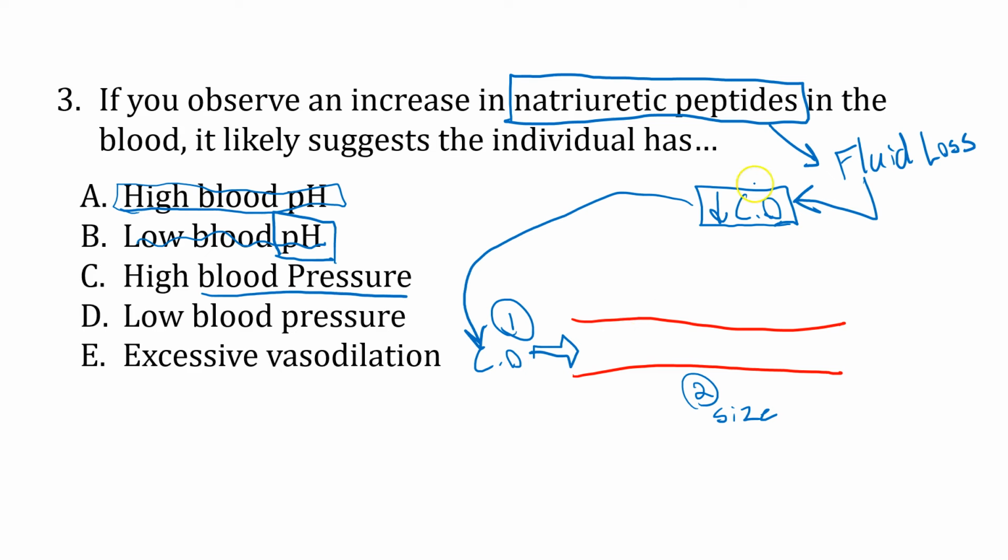So keeping that in mind, if I decrease the cardiac output, that should mean I'm decreasing blood pressure. Okay, so decreasing cardiac output usually indicates a decrease in blood pressure. So if the individual's body is trying to decrease blood pressure, does that mean that they have low blood pressure?